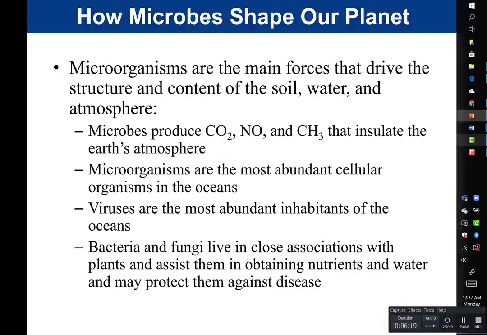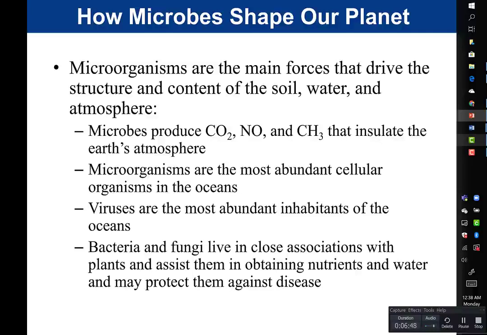So microorganisms are the main forces that drive the structure and the content of soil, water, and the atmosphere. For example, microbes can produce carbon dioxide, NO gas, we have methane, CH3, and these gases are used to help insulate the Earth's atmosphere.